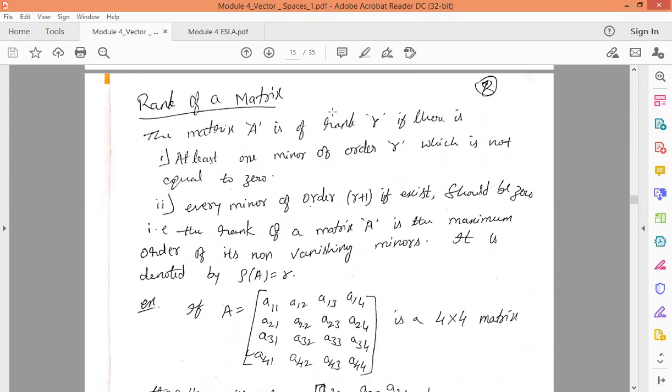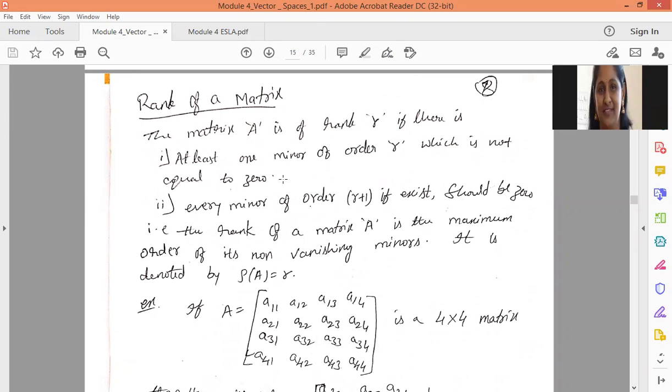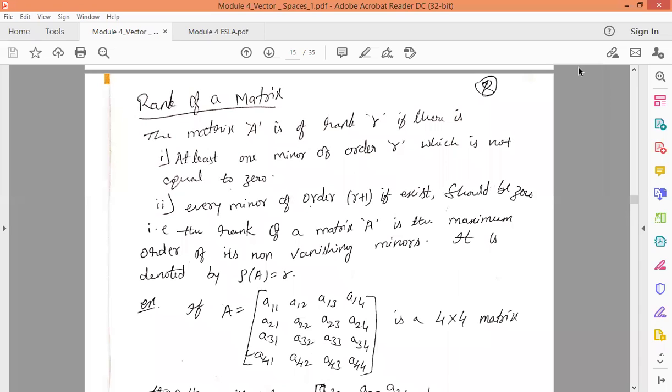Here we'll go with the definition. If the matrix A is of rank R, then there is at least one minor of order R which is not equal to 0. This is the first condition. Whenever you consider the minor and solve that minor determinant, the value should not be equal to 0.